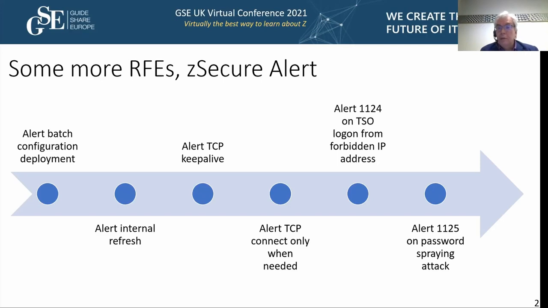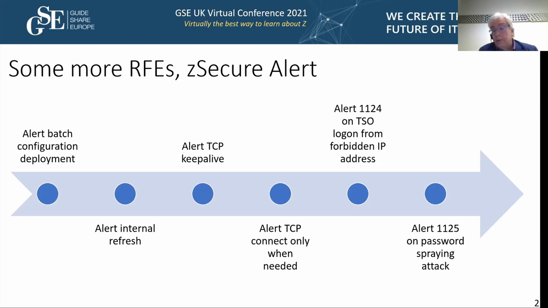We also have some new alerts. I'm not showing them all, but I'm calling out the one that uses the IP origin address. There's a new alert 1124 where you can blacklist IP addresses or ranges of IP addresses and get an alert if somebody logs on from outside your allowed, green-listed IP range.